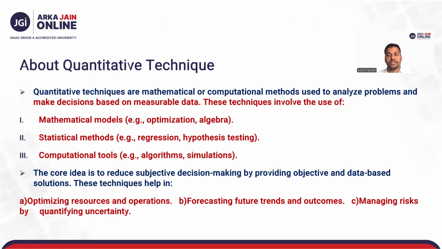Now, the second thing is forecasting future trends and outcomes. Based on time series, by analyzing the past data, how can you predict the future? In this area, I think quantitative techniques can play a vital role. There are certain models based on which we can predict the future and forecast the data.